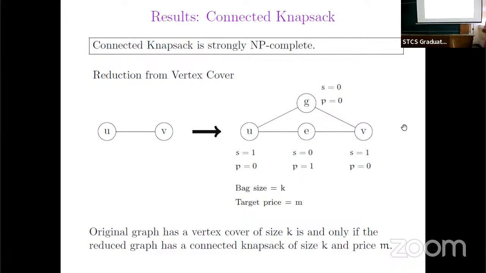So it's fairly easy to see that this original graph has a vertex cover of size k if and only if this is a yes instance. There is a vertex cover of size k, which achieves a price of m. So you pick this vertex cover, and pick the global vertex and all the edge vertices.